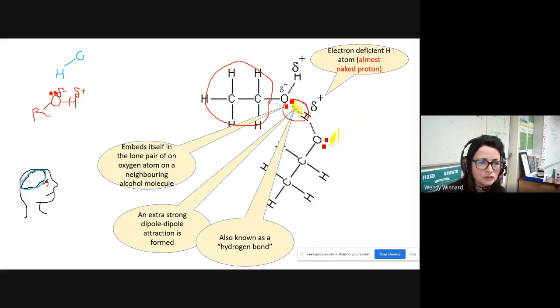As we just saw from my bendy water experiment, water also has a very strong permanent dipole, because the hydrogen is attached to an extremely electron deficient oxygen, so it's also a very naked proton. And it will embed itself in the oxygen of a neighboring alcohol molecule. So guess what? Alcohol and water love each other a lot.